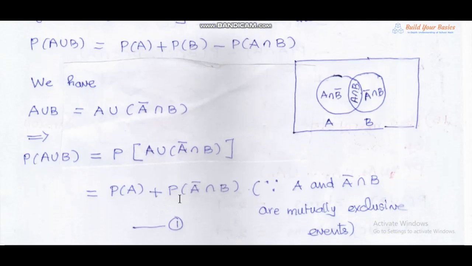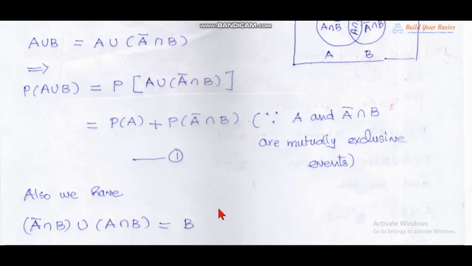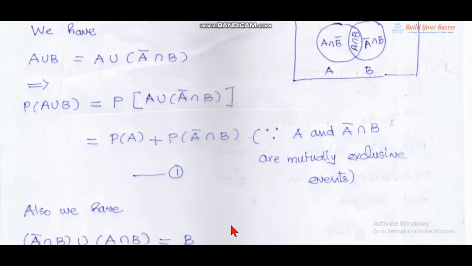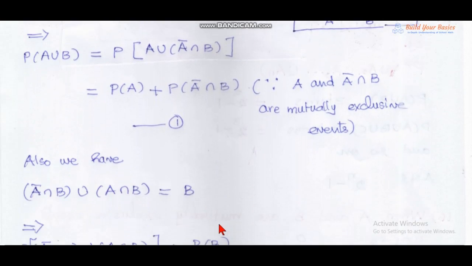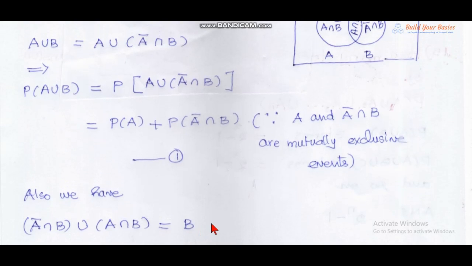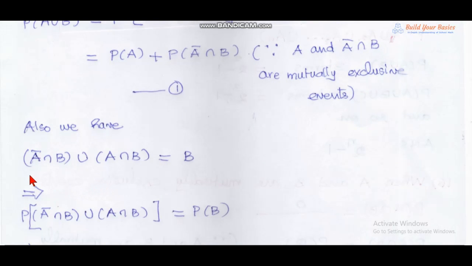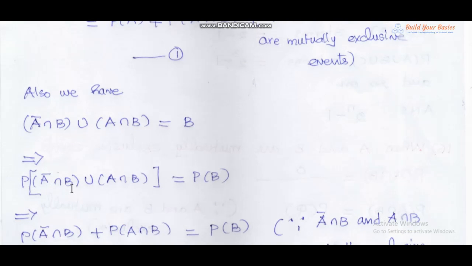Now we find the value of probability of A bar intersection B. From the diagram, we have A bar intersection B union A intersection B is equal to B. Therefore, probability of A bar intersection B union A intersection B equal to probability of B. The events A bar intersection B and A intersection B are mutually exclusive events because their intersection is empty.